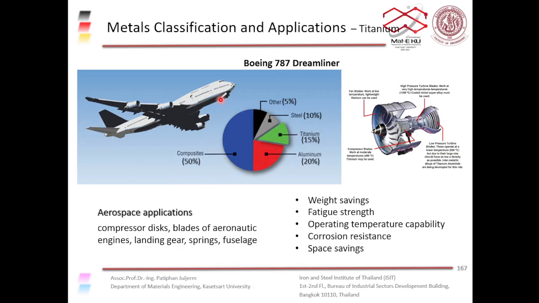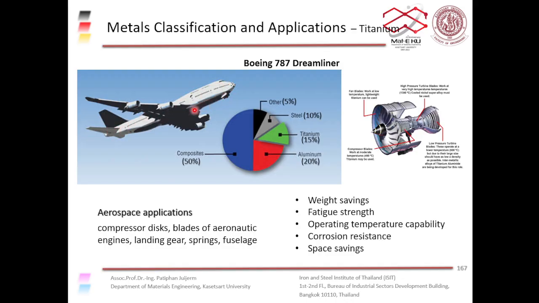Anyway, if you look at this Boeing 787 Dreamliner, you see titanium used for about 15%, right? A lot of that will be in the engine and also the main structure of the aircraft.